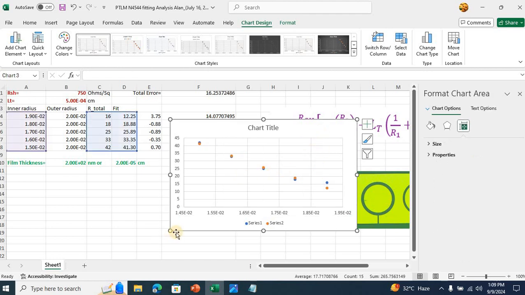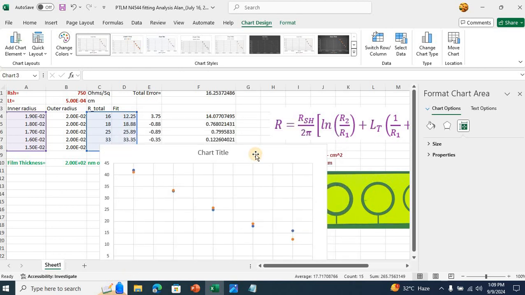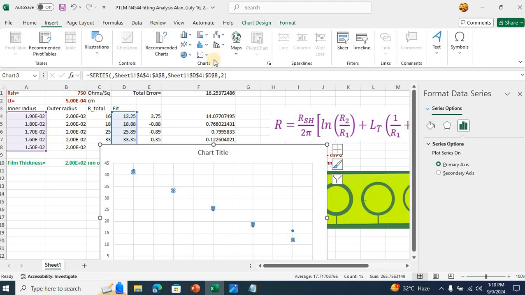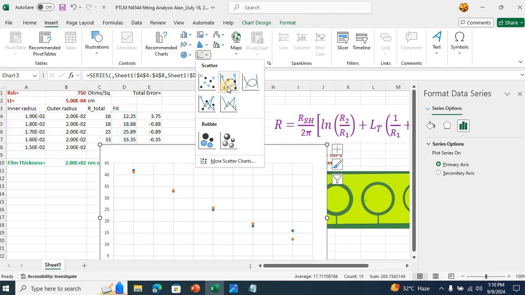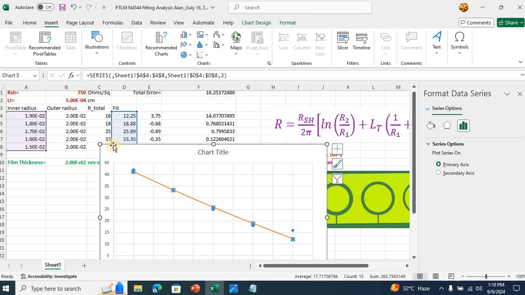Okay, increase the size of this figure. Now the orange points correspond to the fitted data and the blue points over here correspond to the measured resistance. And what we can do is I can go to insert and I can actually draw a line. So the line corresponds to the fitted data and the blue points correspond to the measured resistance.